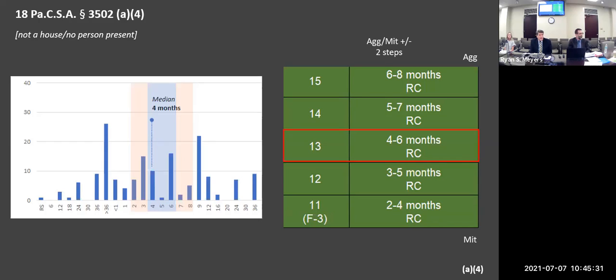And Matt, RC, I assume is restrictive conditions probation, or am I wrong about that? Yes, that's correct. So this would also include non-confinement sentences. What we did was we treated restrictive conditions or county IP, the restrictive intermediate punishments, as minimum periods of confinement.